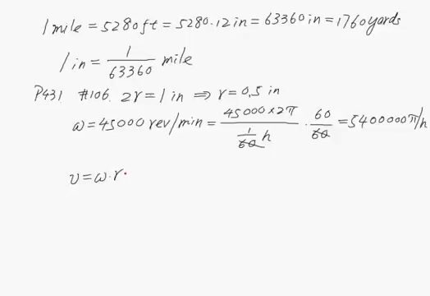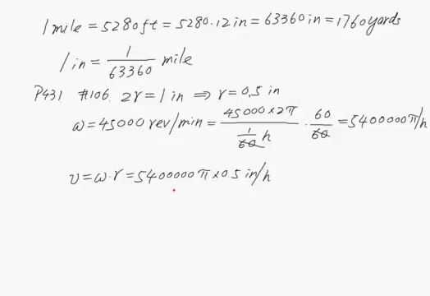So this is equal to 54 followed by 5 zeros times pi and times 0.5 inches per hour. Right? Because here the radius is in inches.